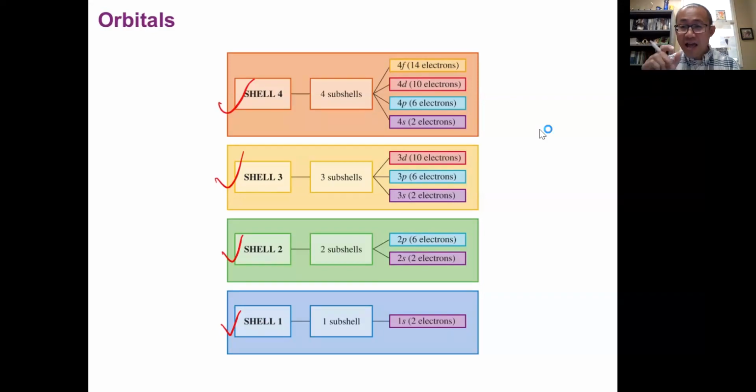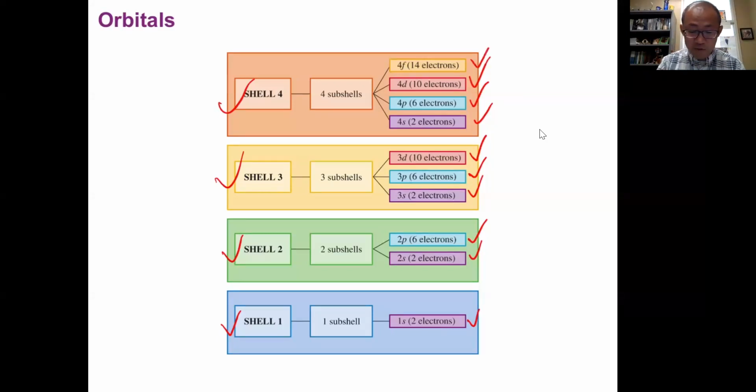S subshell, 1 orbital. So you can see that the S subshell can hold 2 electrons, no matter 1s, 2s, 3s, 4s. P subshell, 3 orbitals, so it can hold 6 electrons. D subshell, 5 orbitals, so it can hold 10 electrons, no matter 3d or 4d.